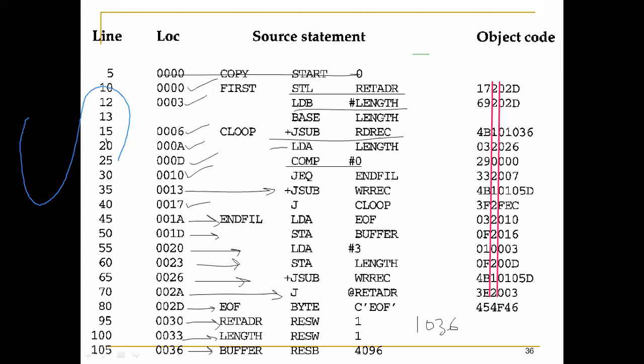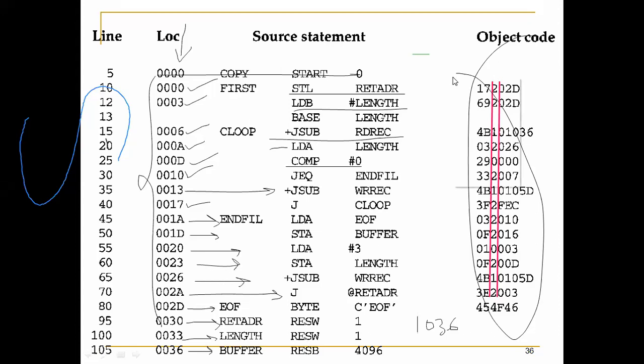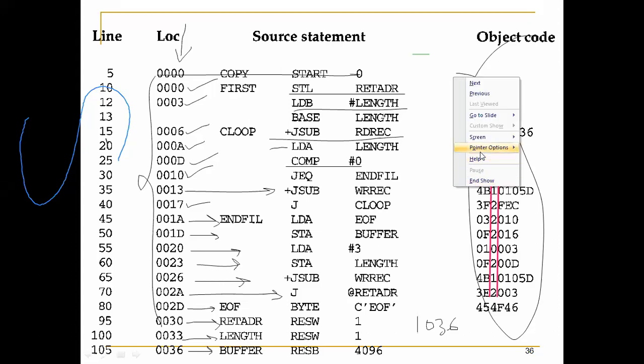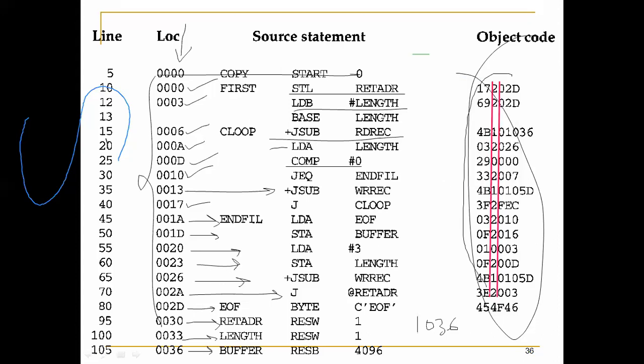Okay. Now remember, once again, address assignment is very, very important, because if the address is wrong, then whatever you assemble is going to be wrong. Okay. So this is one thing that you need to remember. So this is about the address assignment. Okay. So maybe time is up. In the next session, I will discuss how we assemble the object code. Okay.